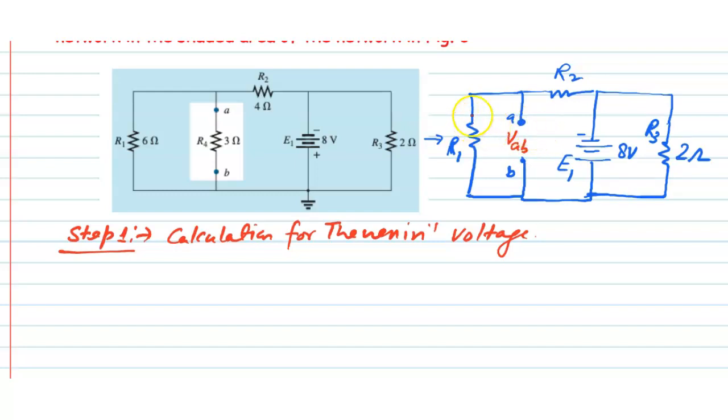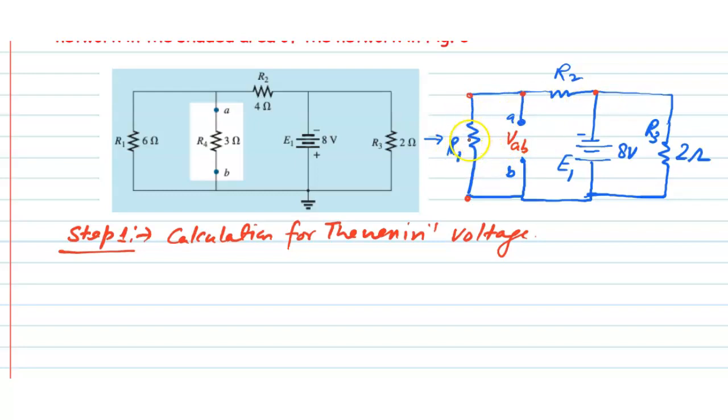Here there is a voltage and some voltage drop across this resistance, so this potential and this potential are not the same. So the open circuit voltage is equal to the voltage drop across R1.